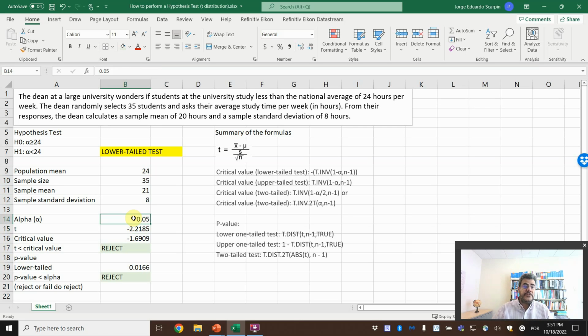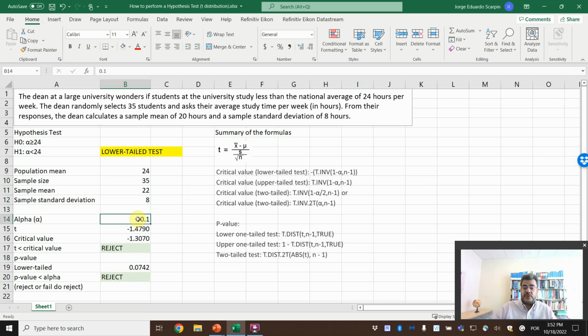If the alpha is 0.10, here we also reject it, but if it is 24, we fail to reject. And then 23, we fail, or 22, we reject.